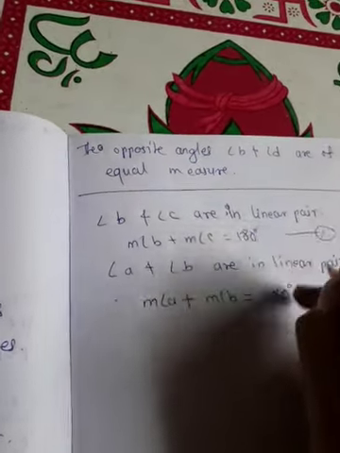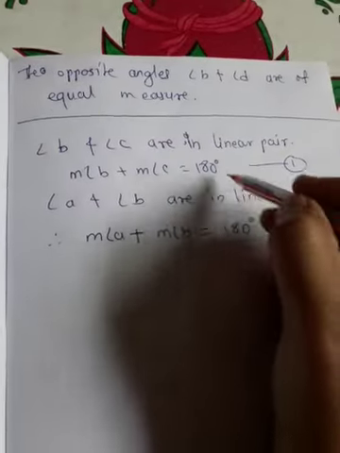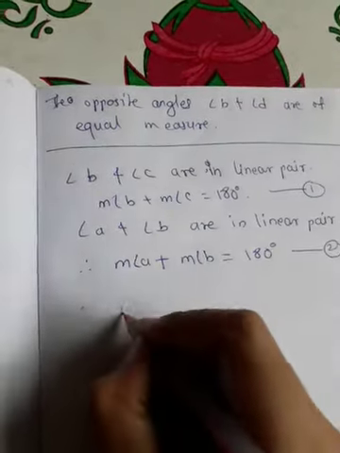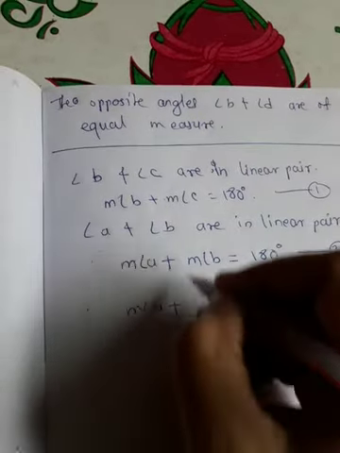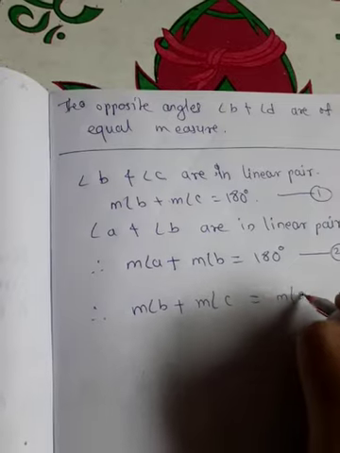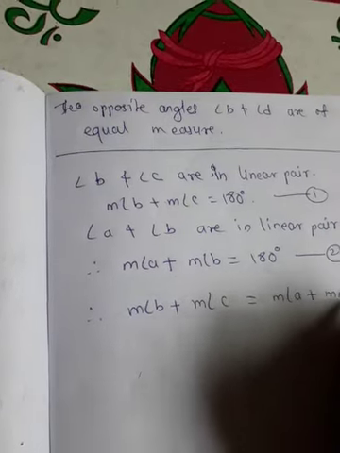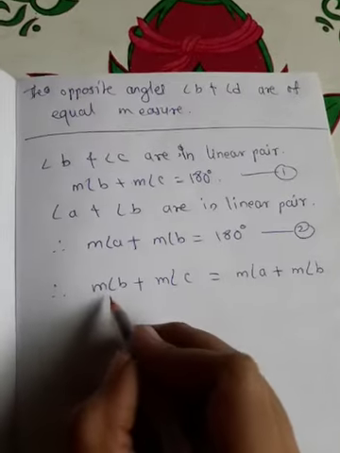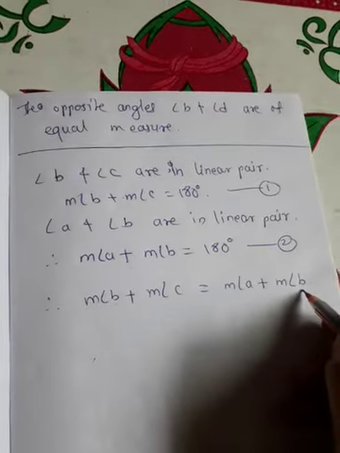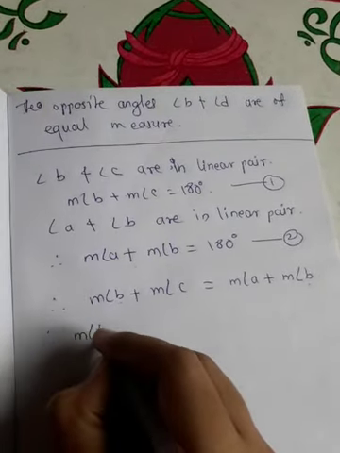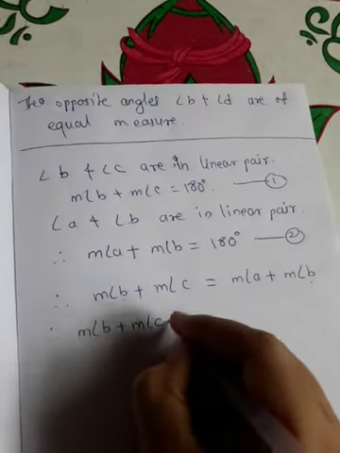Now again, by these two equations, the RHS are the same, therefore their LHS are also the same. Therefore the measure of angle B plus the measure of angle C is equal to the measure of angle A plus the measure of angle B. So the measure of angle B is the same quantity on both sides, so subtract the measure of angle B from both sides.